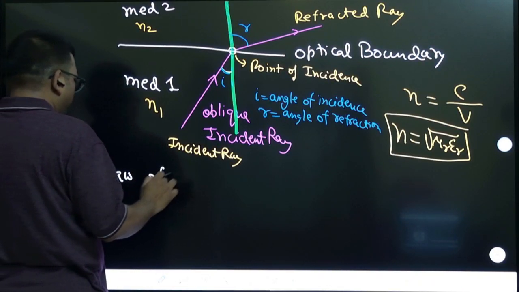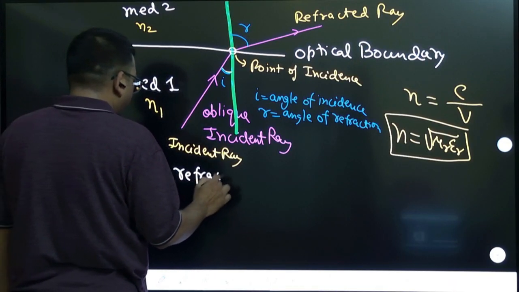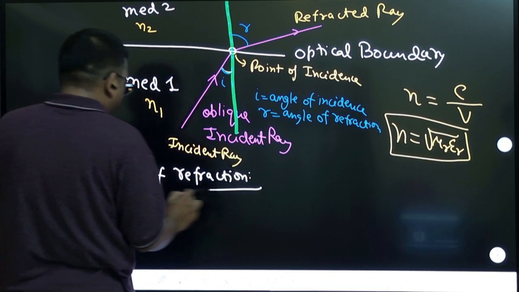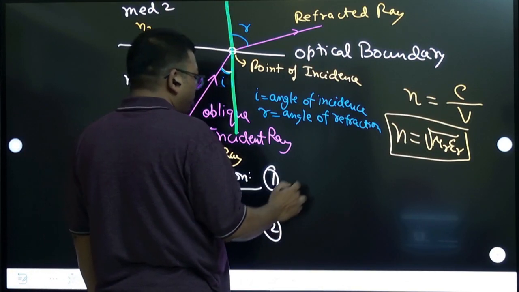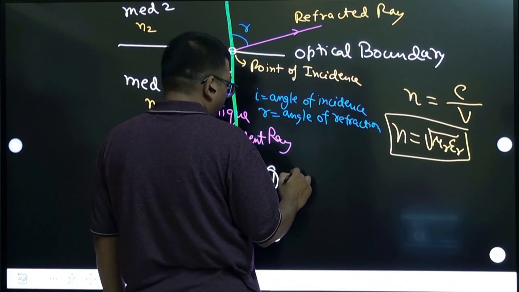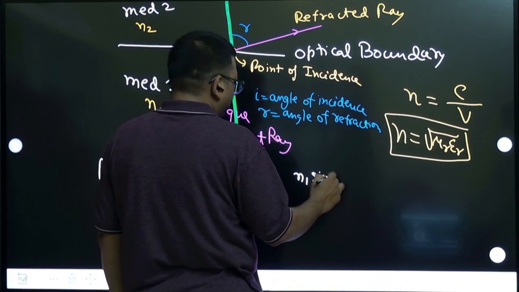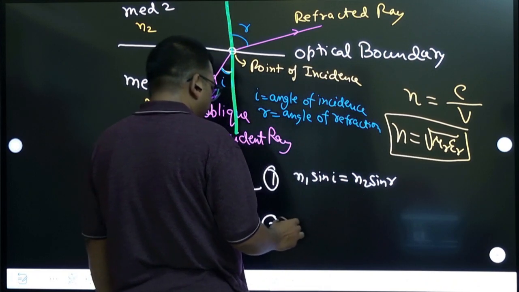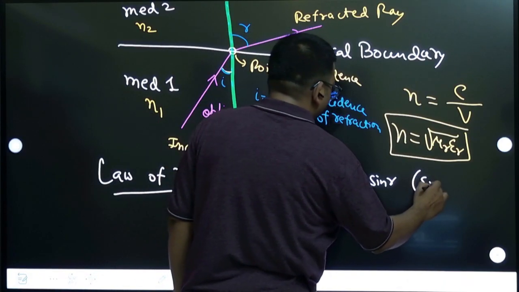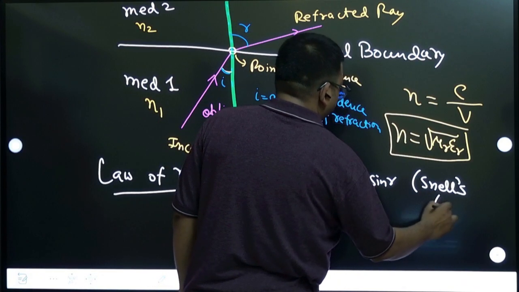So the law of refraction has 2 points. The first point is that n1 sin i is equal to n2 sin r, and this is also known as Snell's law.